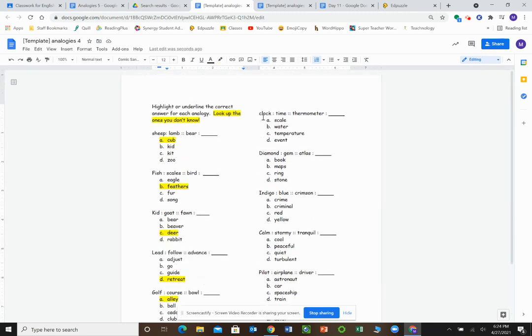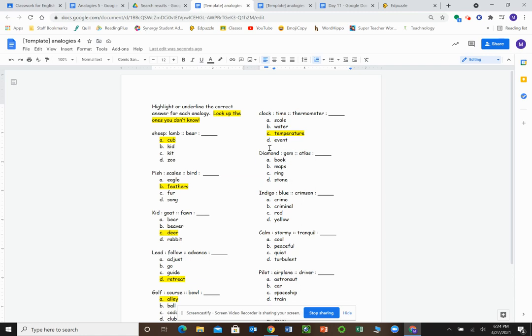Up at the top, clock is to time as thermometer is to blank. Well, a clock is an object that measures or tells time. So a thermometer is an object that measures or tells the temperature. Diamond is to gem as atlas is to blank. Well, a diamond is actually a gem. A gem is just any precious stone.